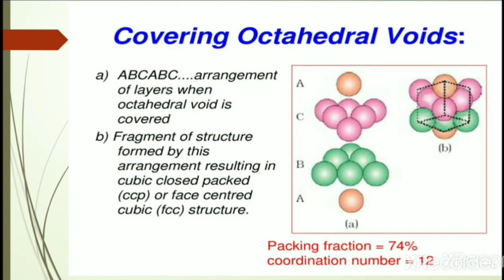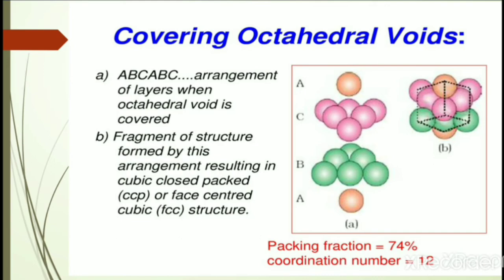First layer and the fourth layer are similar here. This pattern of layers we often call an ABC type of structure. So this structure we will call a CCP structure, or cubic close packed structure, or we will call it the FCC structure, or face centered cubic structure.